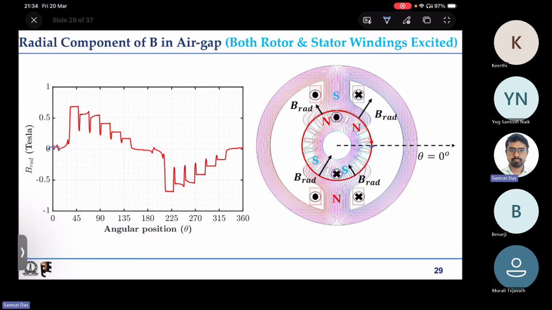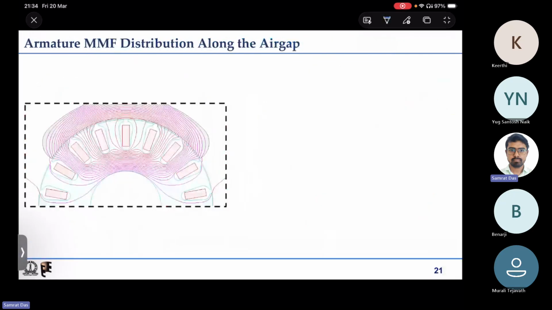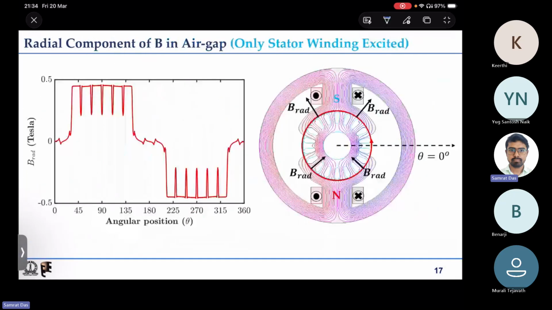But let us see what the values were when only field was excited. So when only field was excited, if this is 0, this may be roughly 0.4 Tesla.